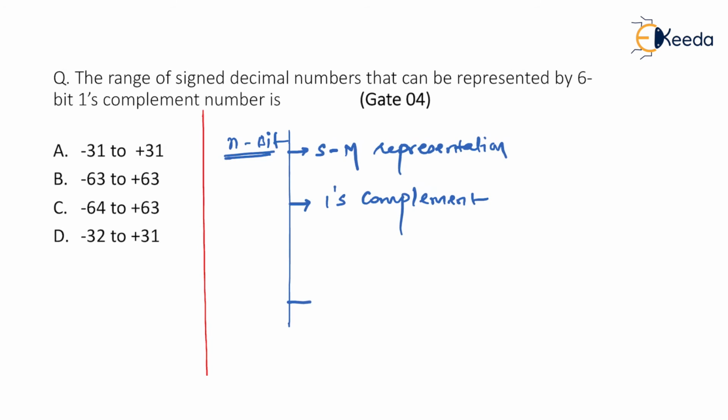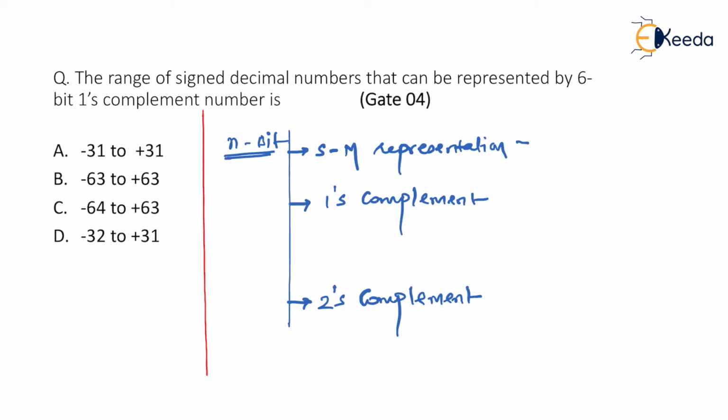And the last method is twos complement representation. Now this you have already studied in theory. As I always keep saying, you must learn the theory in detail, because if the concepts are clear, it motivates you and it makes it quite easier for you to solve any GATE problem.